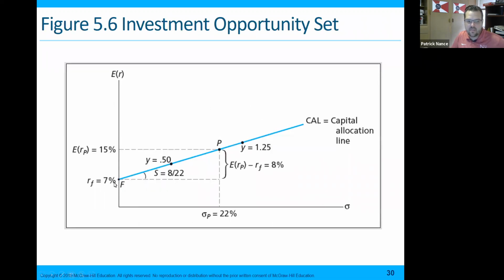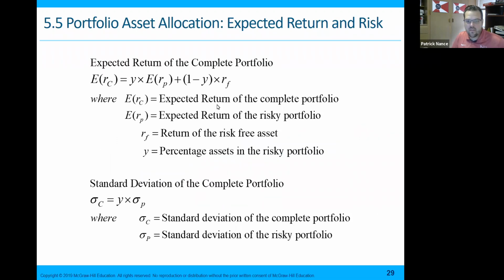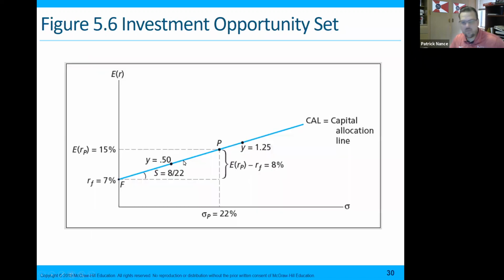So RF here, the risk-free, is where we are at 7%. The expected return of the risky portfolio, the riskier assets, is up here at the 22%.